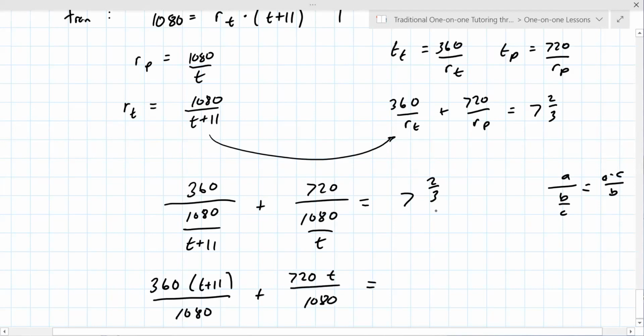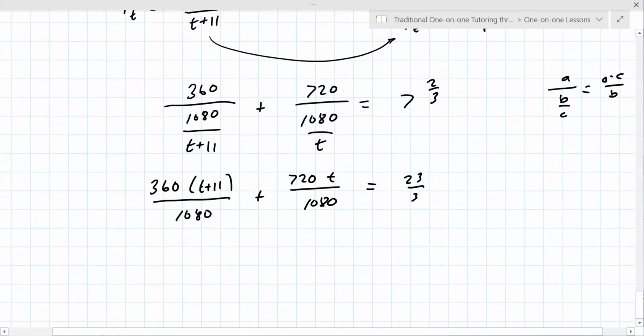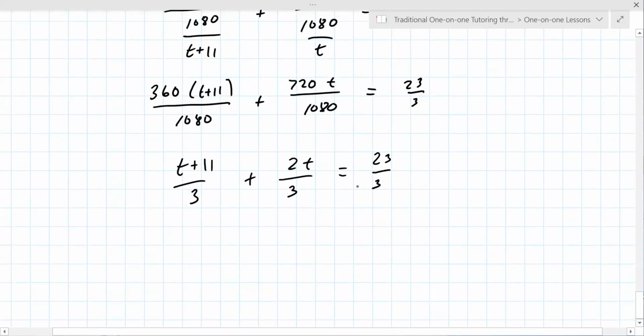Now I'm going to convert this to an improper fraction: 23 over 3. So the left one becomes T plus 11 over 3, and this one becomes 2T over 3 equals 23 over 3. Notice the 3's can go away, and you get T plus 11 plus 2T equals 23. 3T equals 12, T equals 4.